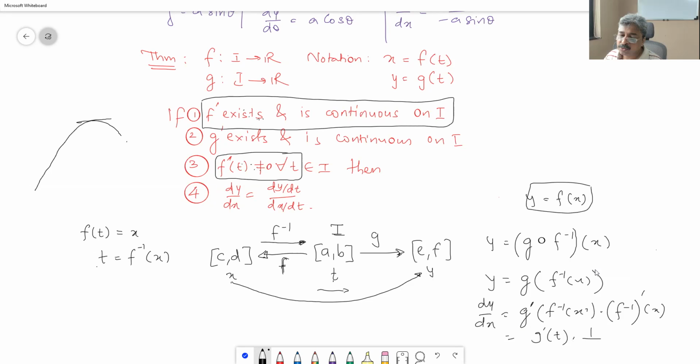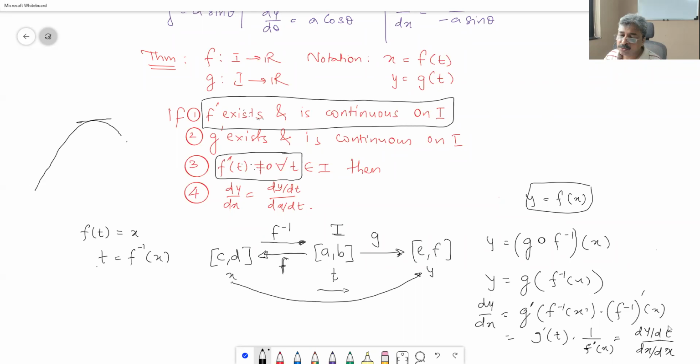Okay, so let me finish. F inverse dash of x is 1 upon f dash of x. We know this, and that makes it dy by dt upon dx by dt. Just complete the writing at the moment. If required, we will discuss this on Thursday.